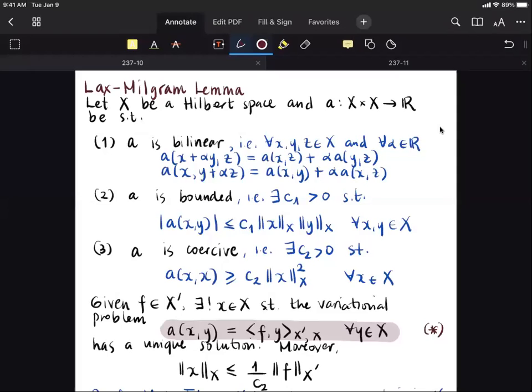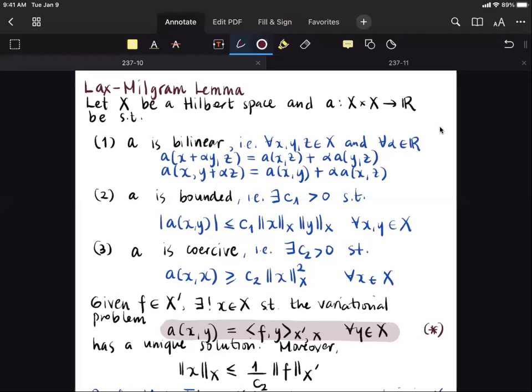So here we would like to provide an application of the Lax-Milgram lemma that we have discussed in the previous lecture. So first, let us recall the Lax-Milgram lemma. Suppose we have a Hilbert space X and a bilinear, bounded and coercive form A defined on this Hilbert space.